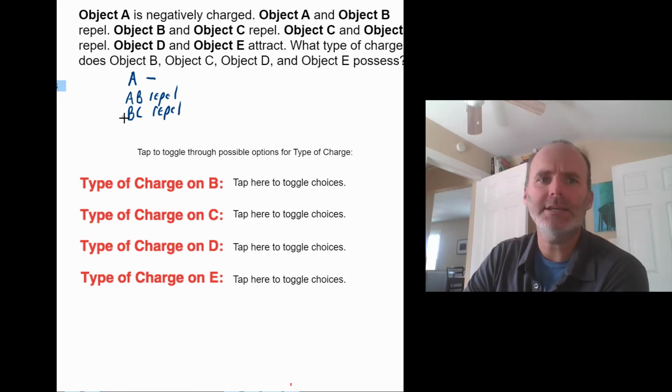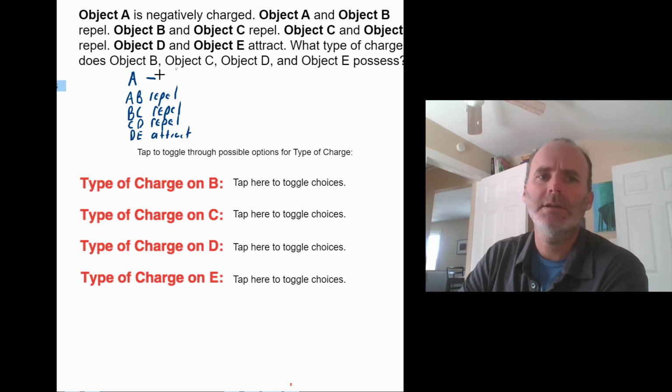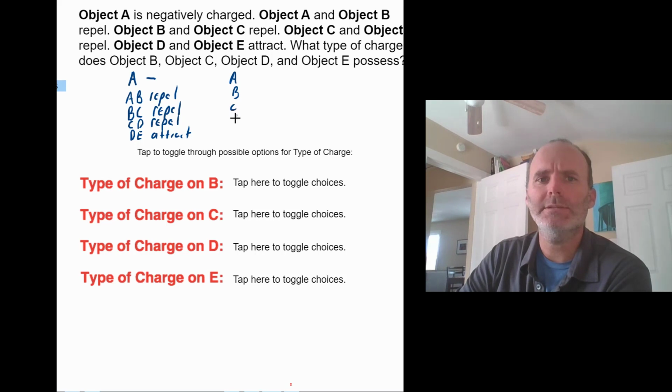Object C and D repel. And object D and E attract. Okay, so come over here. We got A, B, C, D, and E.